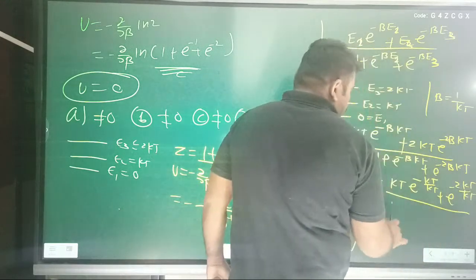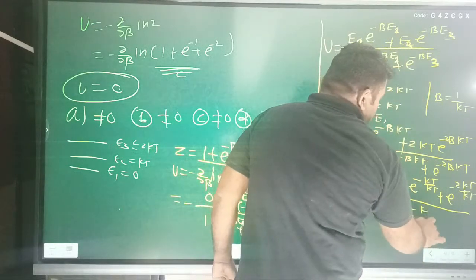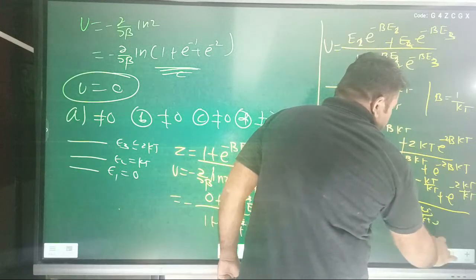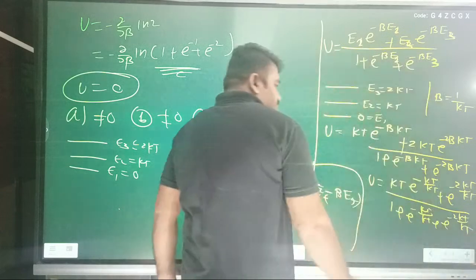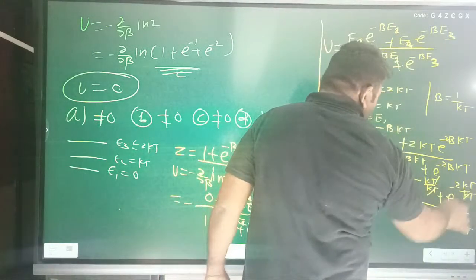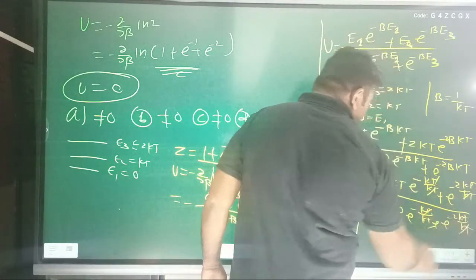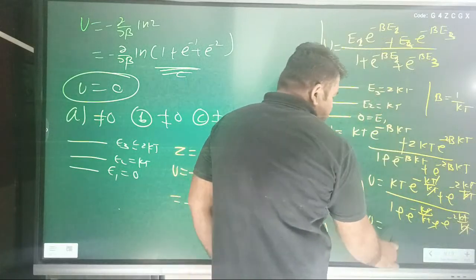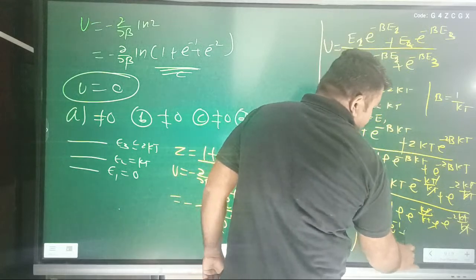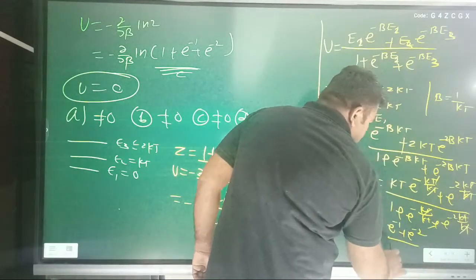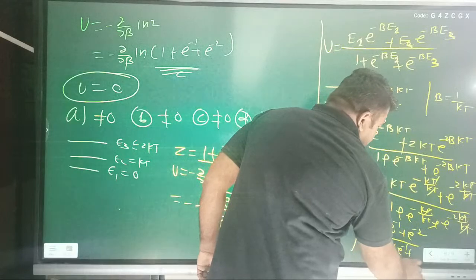Substitute here. 1 plus e to the power minus kT upon kT plus e to the power minus 2 kT upon kT. Clear? Now this kT gets cancelled. This kT gets cancelled. This kT gets cancelled. Means U is equal to simply e to the power minus 1 plus e to the power minus 2 upon 1 plus e to the power minus 1 plus e to the power minus 2.